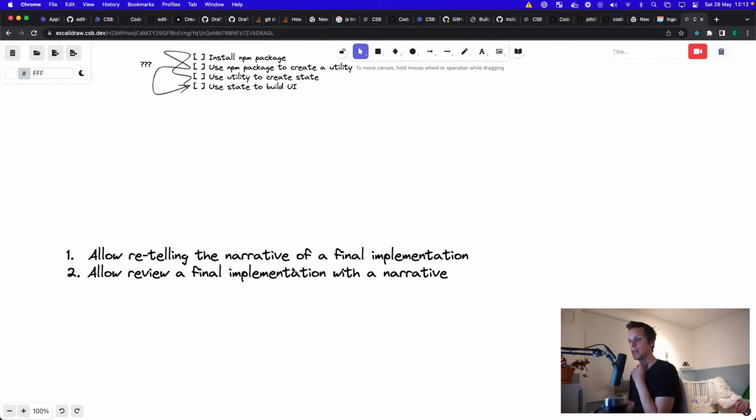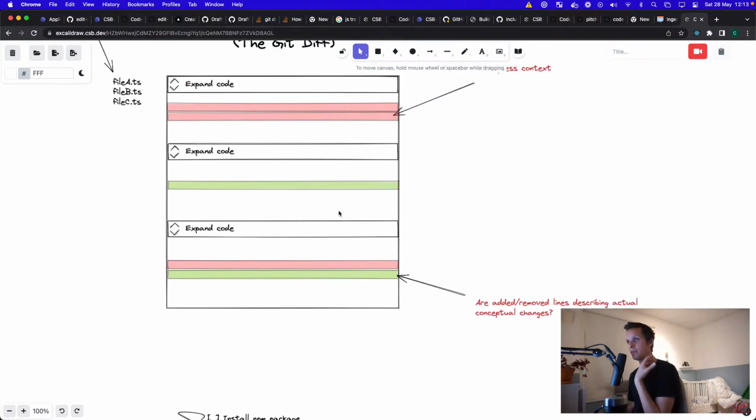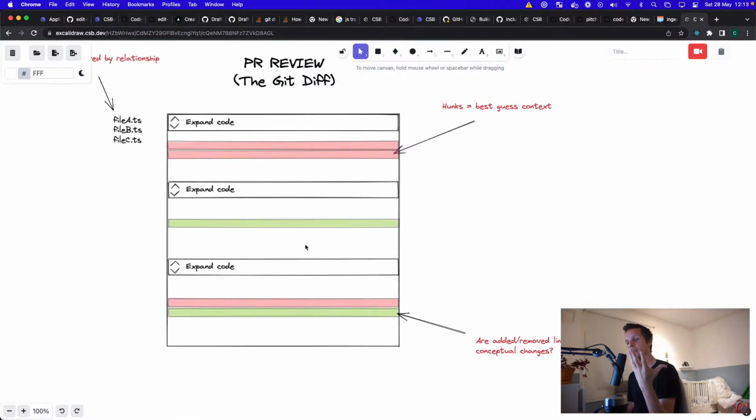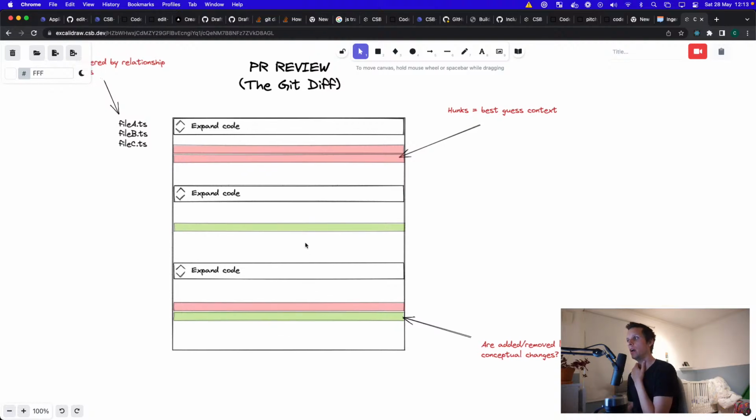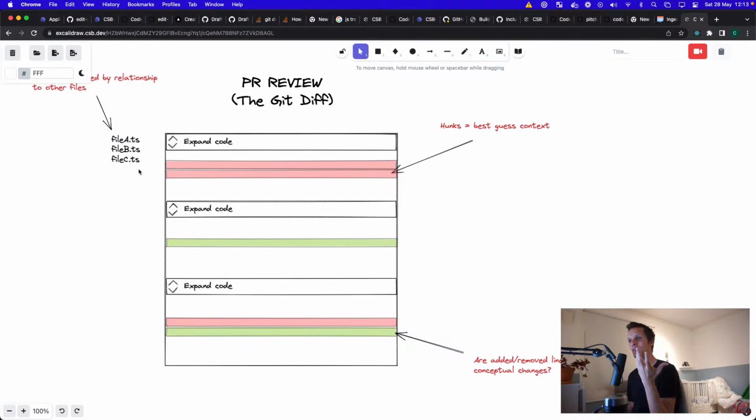The goal is really the ability to retell the narrative of a final implementation, because you really know what you're doing when you're doing the actual implementation, and then actually allow reviewing a final implementation with an actual narrative. This is not a narrative. This is just a bunch of lines added and removed, grouped by best guess hunks and unordered files.